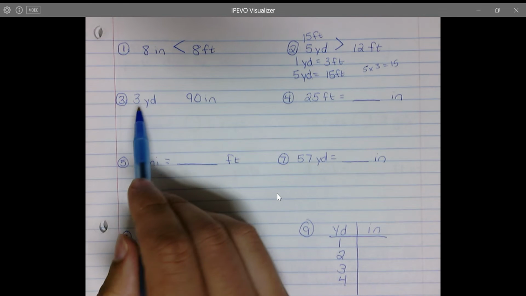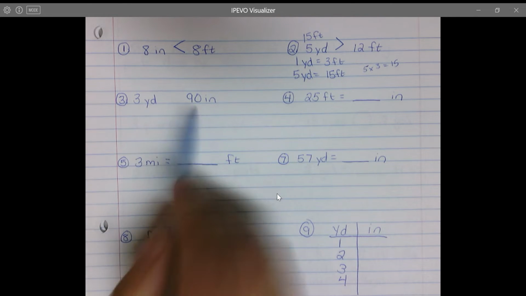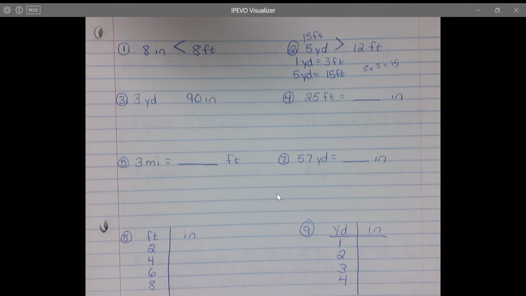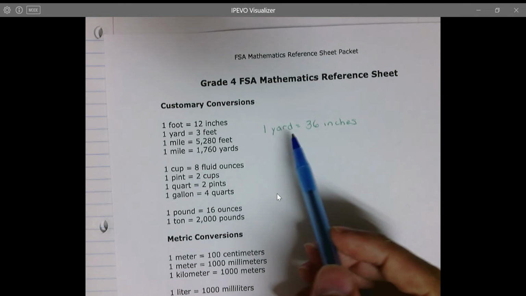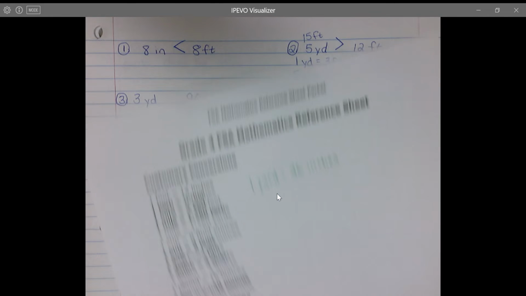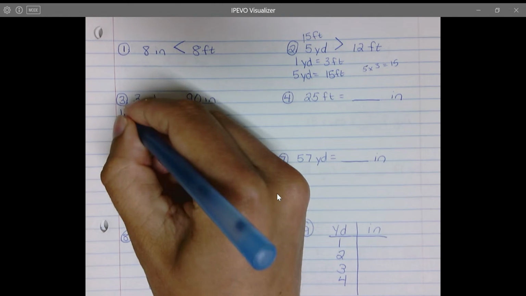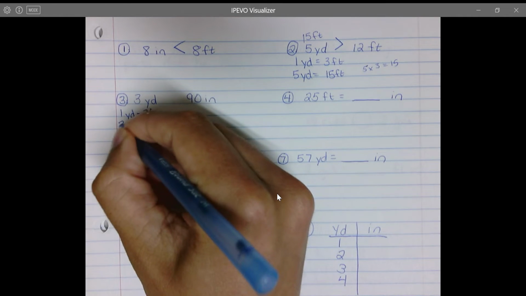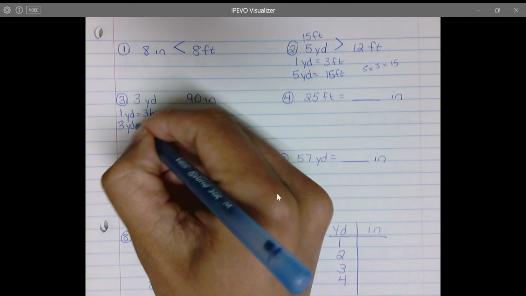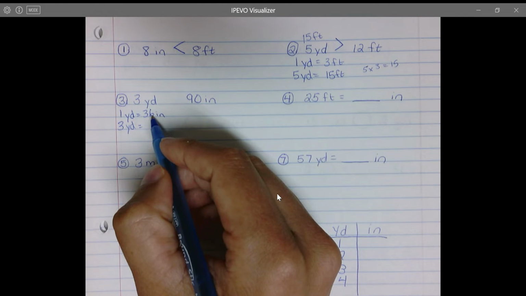And then the last one we have is 3 yards and 90 inches. Using our reference sheet, we didn't have a yards to inches, but I wrote down that 1 yard is 36 inches. So 3 yards, that's 3 multiplied by 36.